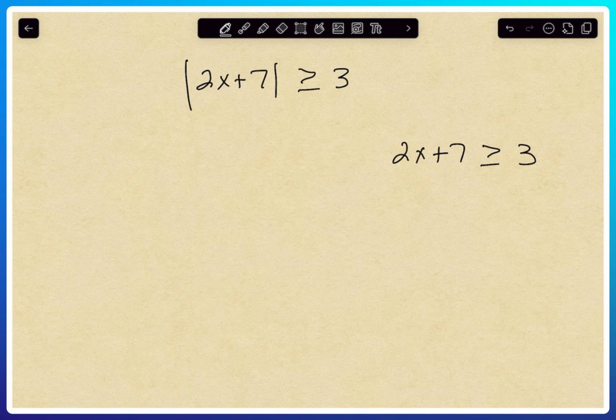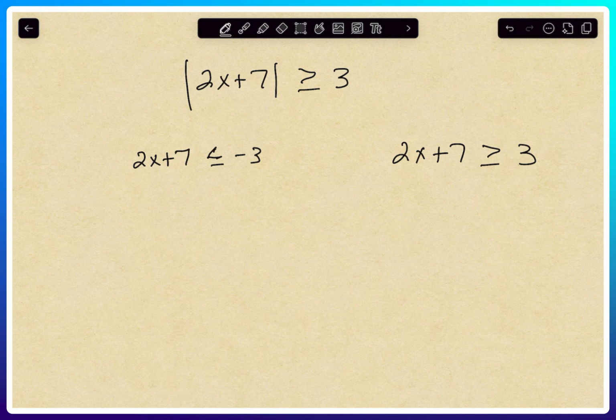So we're going to set it up to be 2x plus 7 less than or equal to -3. See how that works? It's reversed because it's a negative. You remember how you multiply times -1? It reverses. It's the same principle. You're now dealing with the negative form of that, so you have to reverse the symbol.